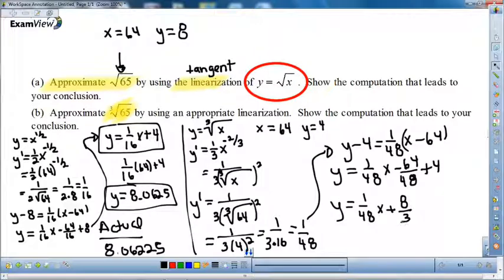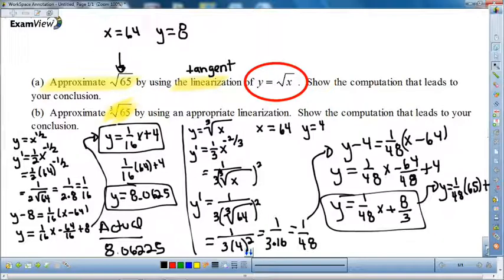So here's my linearization. I'm going to use that to approximate the cube root of 65. Notice that I substitute 65 into my x, and that turns out to be 4.0208.